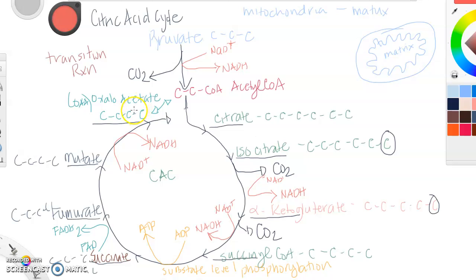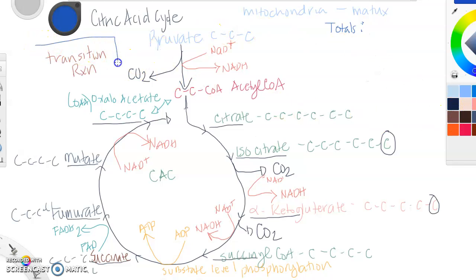So that's the process of the citric acid cycle. And if you look at it closely, what are we getting out of this thing? We're getting quite a bit. Let me erase my little mitochondria really quickly here, so I can have some space. All right, so what are we getting here? So we'll put the totals here. Okay, well, don't forget about this transition reaction.